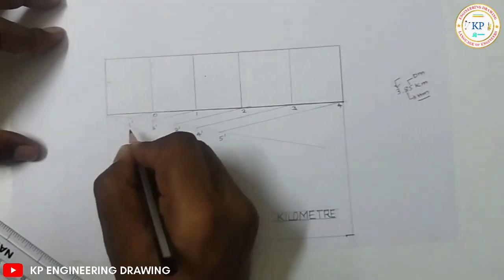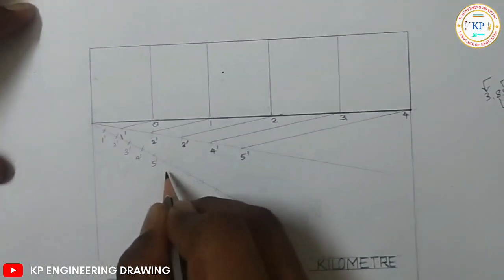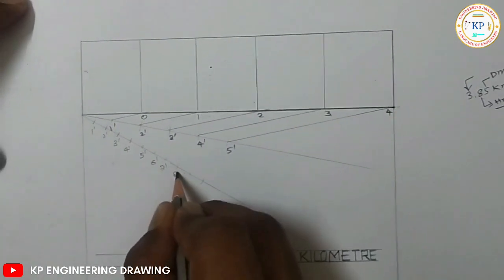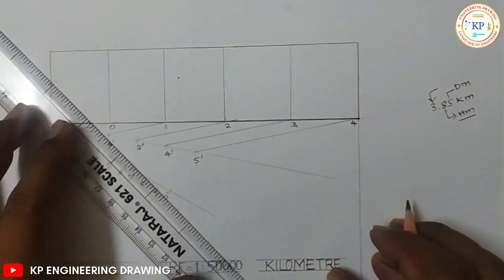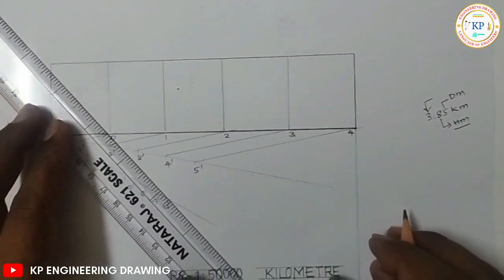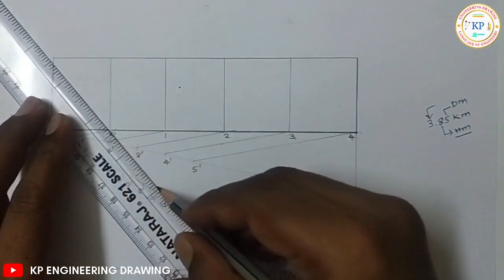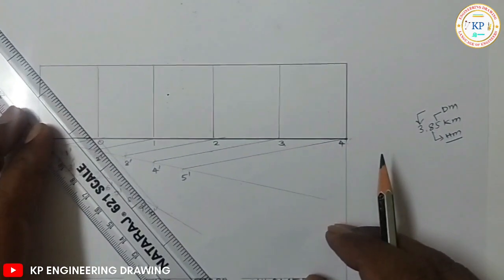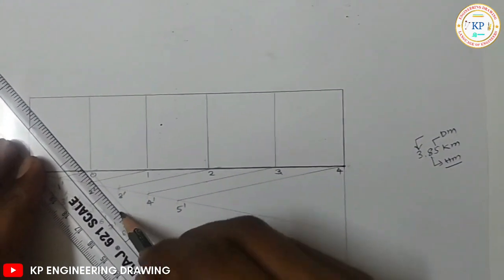So 1 dash, 2 dash, 3 dash, up to 10 dash. Now you join the 10th point and 0 with the help of your mini drafter, fix the drafter and draw all equi-spaced parallel lines from all these intersection points.